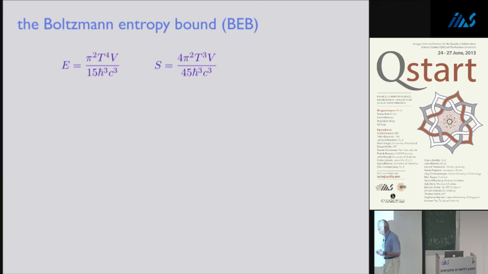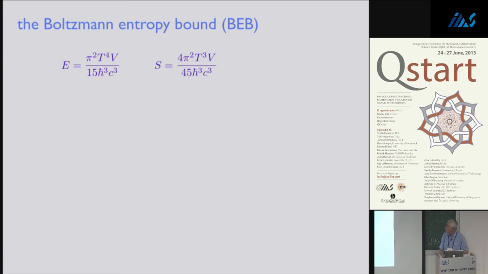So thermal radiation is a very entropic form of matter, because matter prefers to produce thermal radiation. The idea of the bound is that for any system which has a certain volume V and energy E, the entropy of that system is bounded by the entropy of thermal radiation with the same volume and energy.